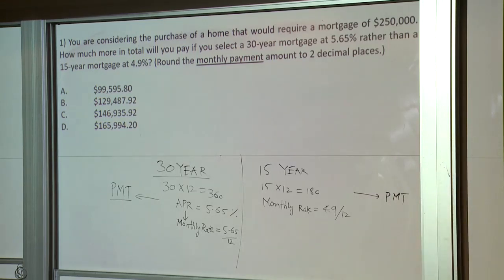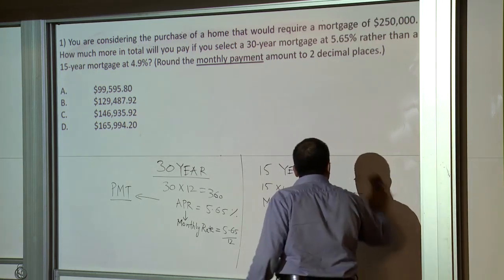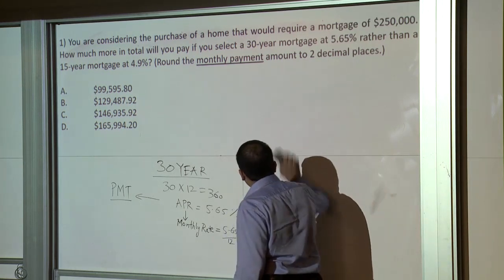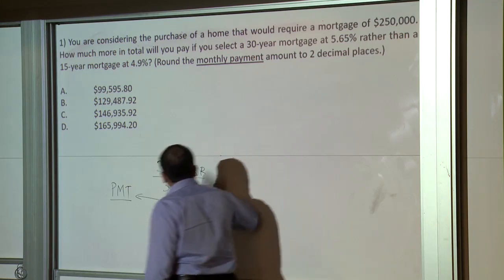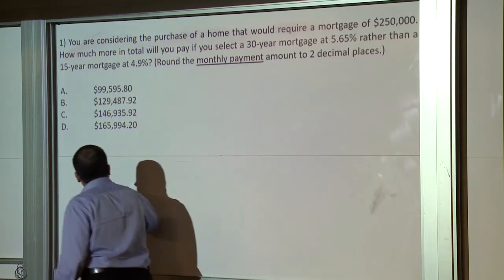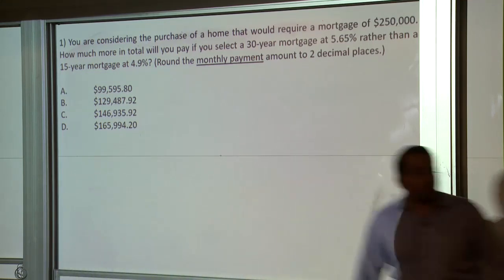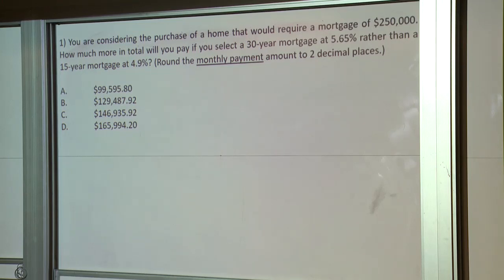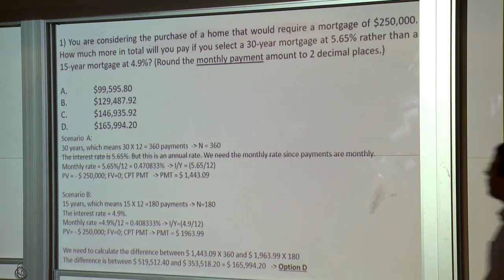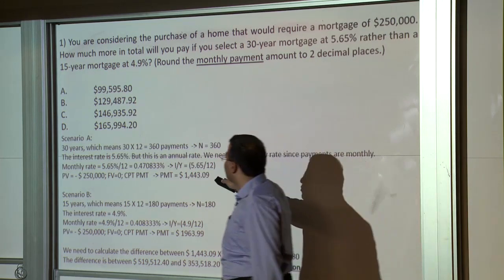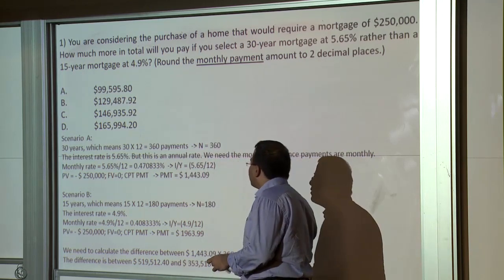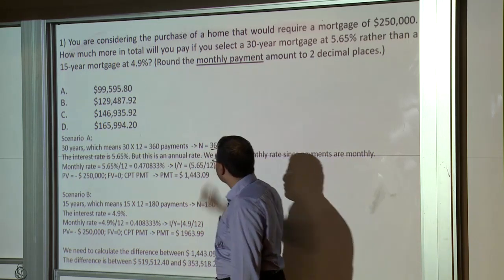I've already solved this question, so I'm just going to show you my solution. Let me just put these things down here. So scenario A, 30 years, which means 360 payments, which means n is equal to 360 as we just discussed.